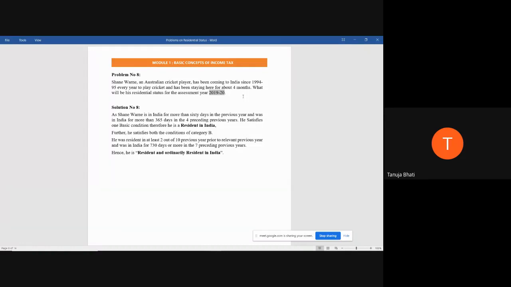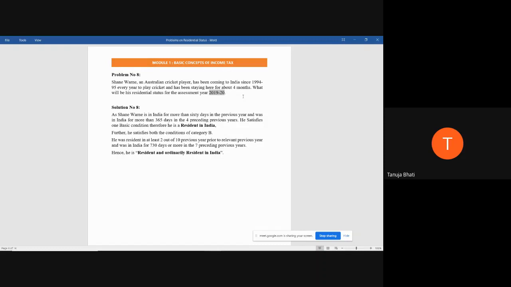So is he satisfying the first basic condition? No. Now let us see whether he is satisfying the second basic condition. So in 1 year he is staying for 4 months. That means in 1 year he is staying for 122 days. Is that clear, students? Now the second basic condition says that his stay in the 4 years immediately preceding the current previous year should be 365 days or more.